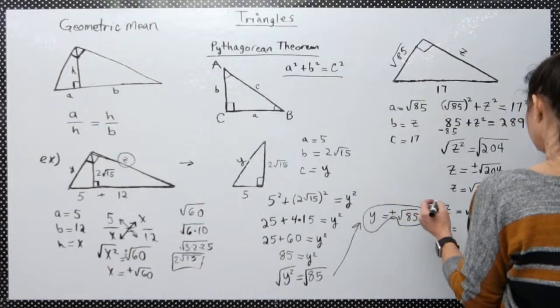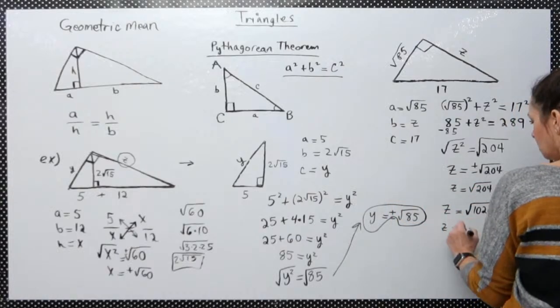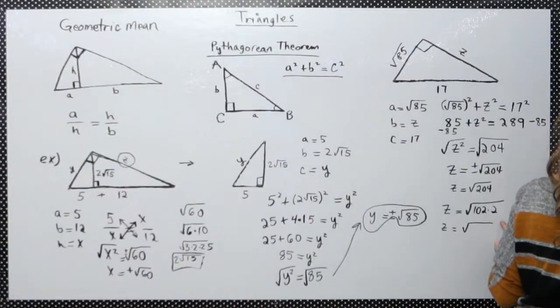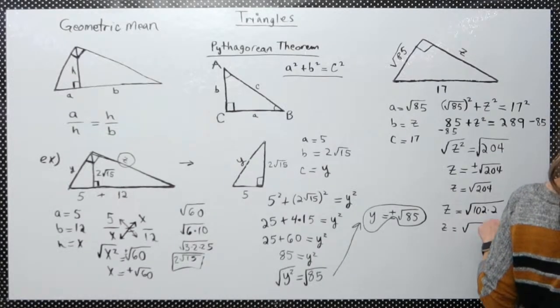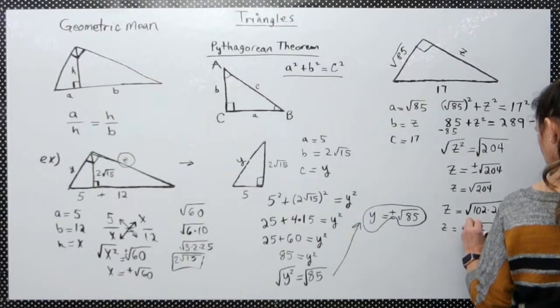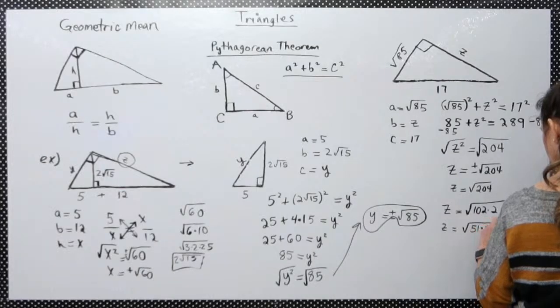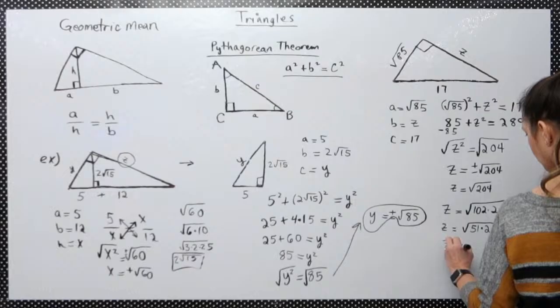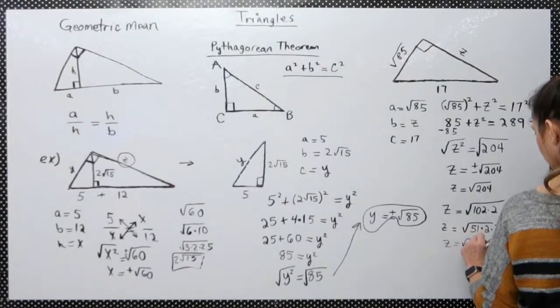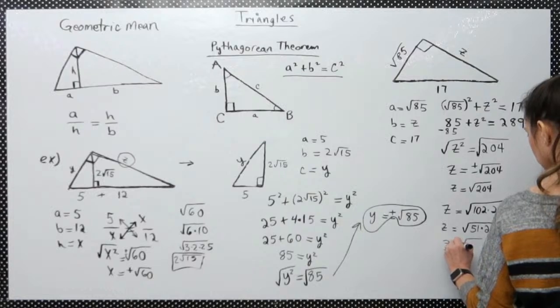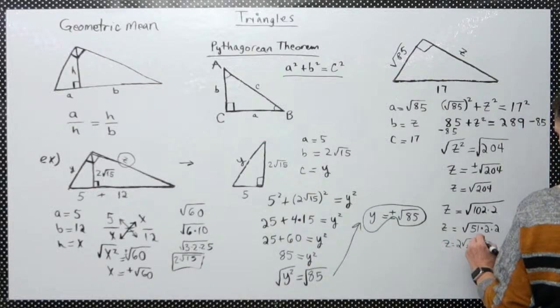Maybe we should just do a factor tree first. But 102 is also divisible by 2. And that's 51 times 2. So we got 51 times 2 times 2. So that perfect square root can pull out. And I think 51 might be prime. So that's going to be 2 radical 51.